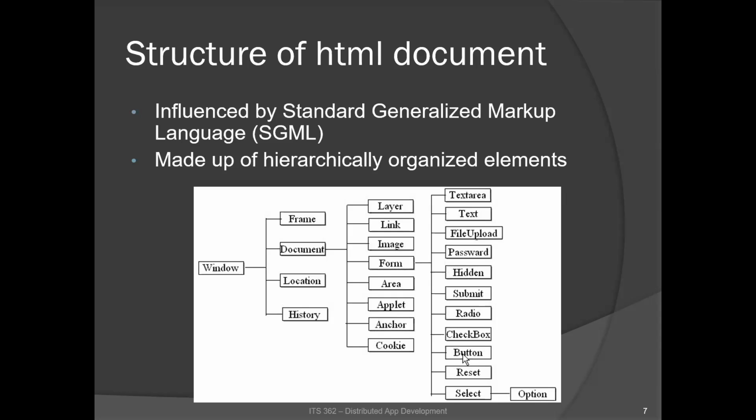That document object model allows us to think of the browser and the contents of the browser as objects. So you can think of a window, and then that window could have a frame, can also have history, location, and the document itself, right? So remember that the document is, in fact, that HTML page.